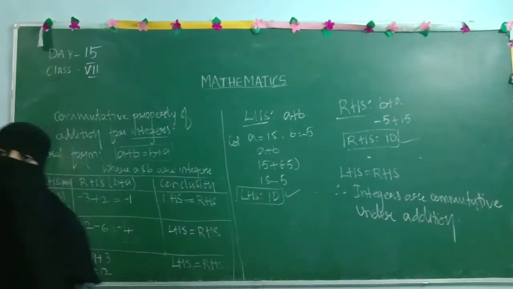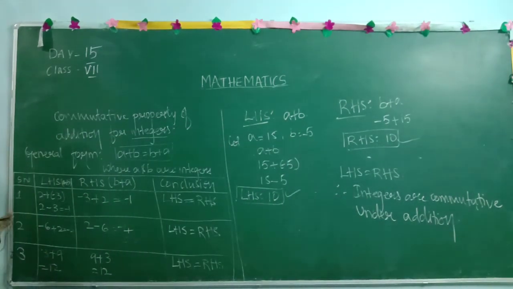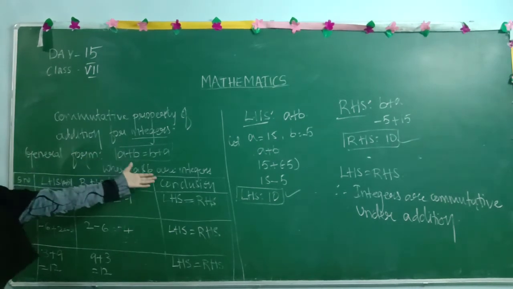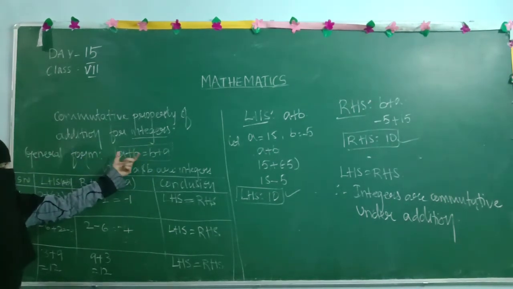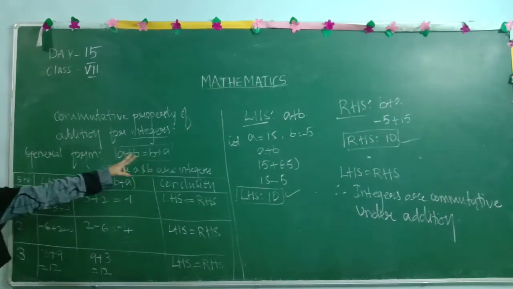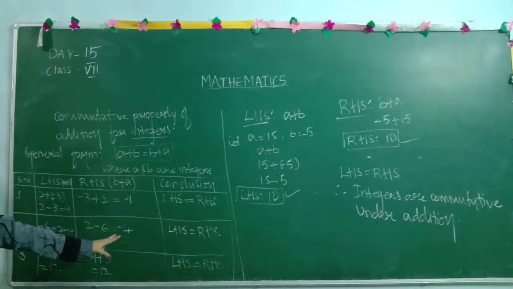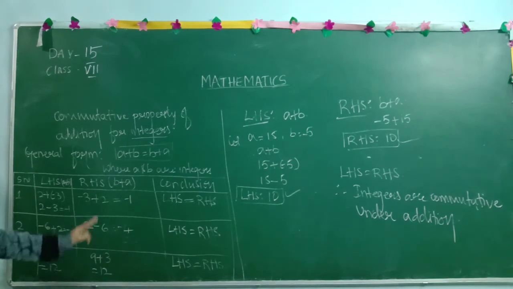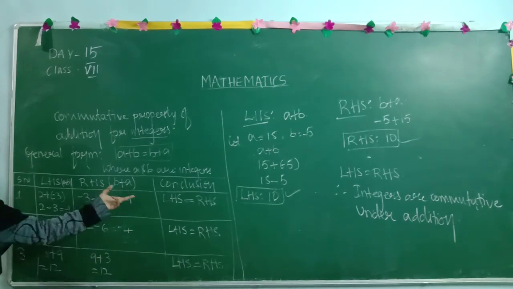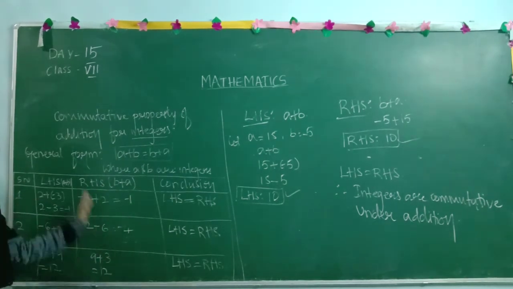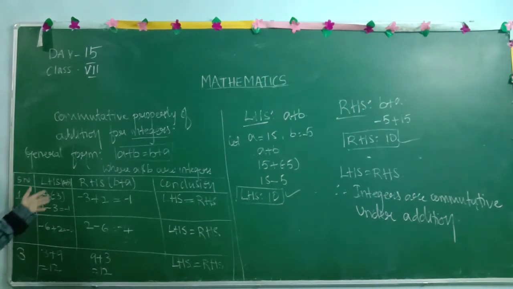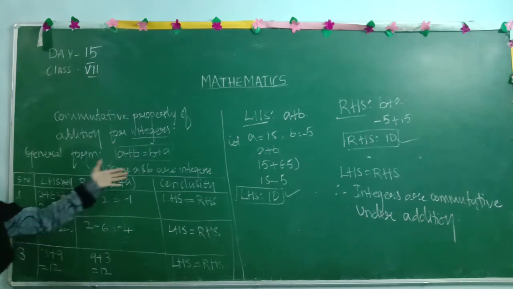Hopefully the concept is clear to you people. This commutative property of addition for integers we have done. The general form is a plus b equals b plus a. We are having two parts, one is LHS and another one is RHS. We have to check whether they both are equal or not. If they are equal, then the integers are satisfied. If they are not equal, then the integers are not satisfied. We saw here a few examples of integers we have taken. We substituted in RHS and LHS, and all are becoming equal.